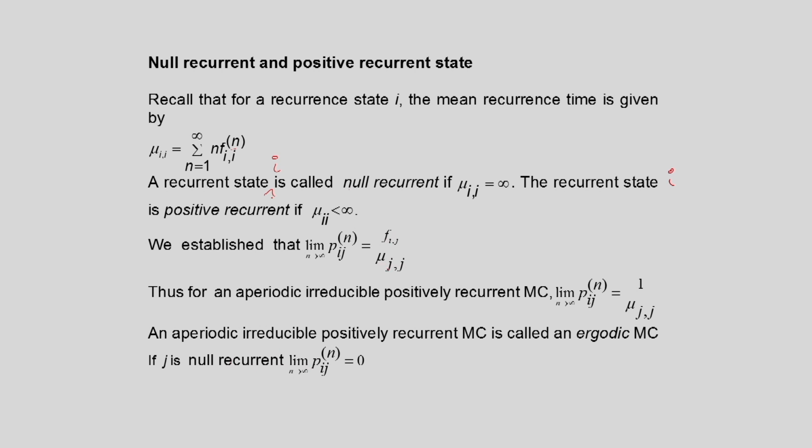Because mu jj is equal to infinity, Pij^n will be equal to 0. So for a transient state j this quantity was 0, and similarly, for a null recurrent state j, the limit as n tends to infinity of Pij^n is equal to 0.